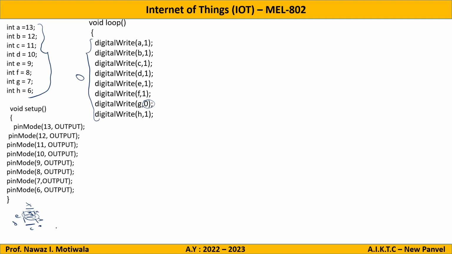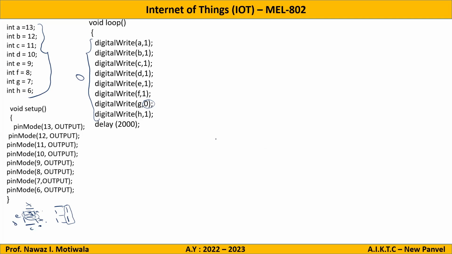Now let us say I want to display 1. If I want to display 1, you can observe that only these two segments should be activated and the rest should be deactivated. That means A and B should be activated, and the rest of them deactivated.